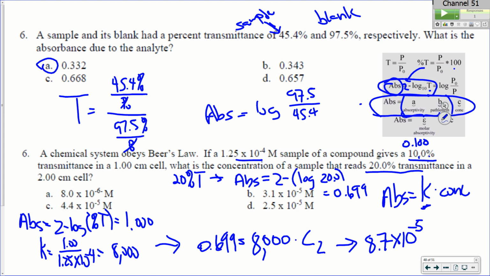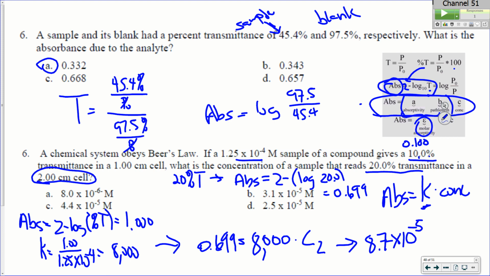All right, so divided by 8,000. Tricky me. Let's see what I missed. It's a wider cell. So that means you'd really need to solve this in terms of molar absorptivity.